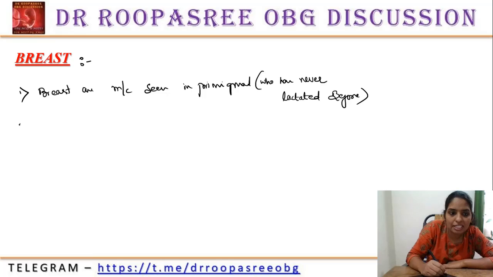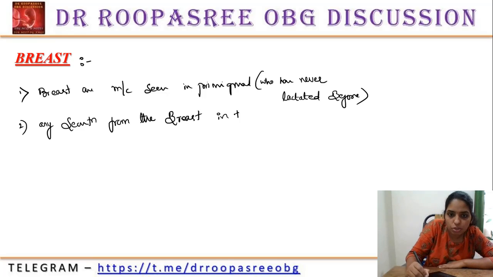If there are any secretions from the breast in the reproductive age group, pregnancy should be ruled out.